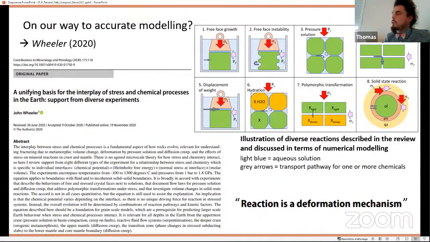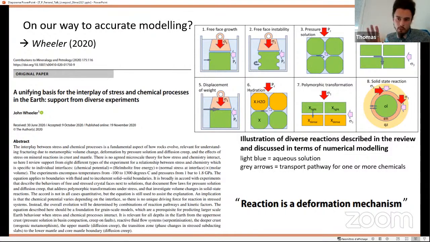And to finish, probably many of you know the work of John Wheeler. He tried to review and discuss reactions in a broad sense in terms of numerical modeling, because it is time to try to integrate it.